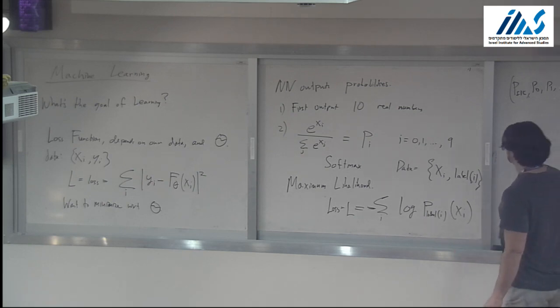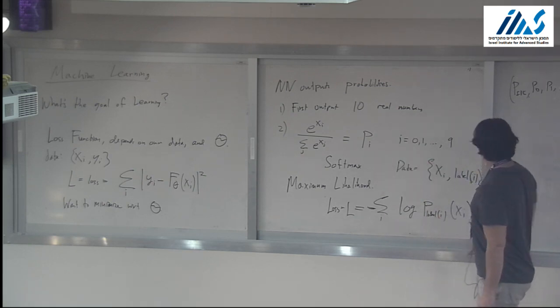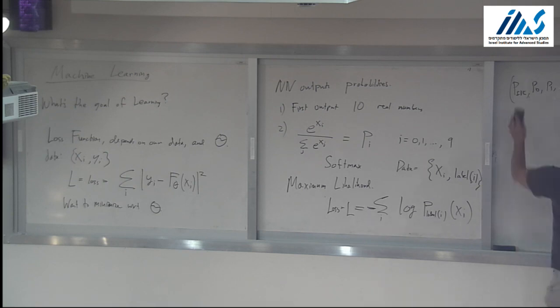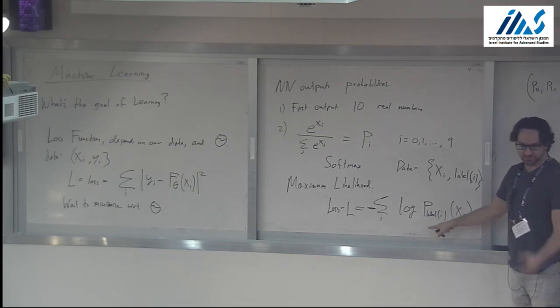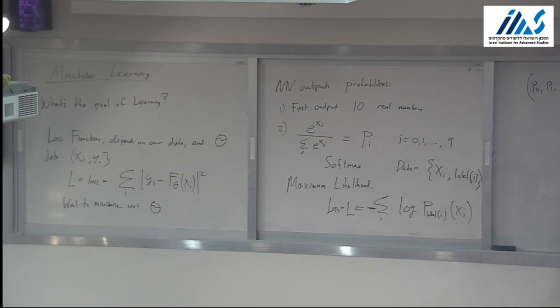Good. Yeah. So each image produces a list of numbers, which are all of these. But the loss function only cares about the P associated with a label, which is, I think, what was being asked before. So the neural network produces all of the P's.